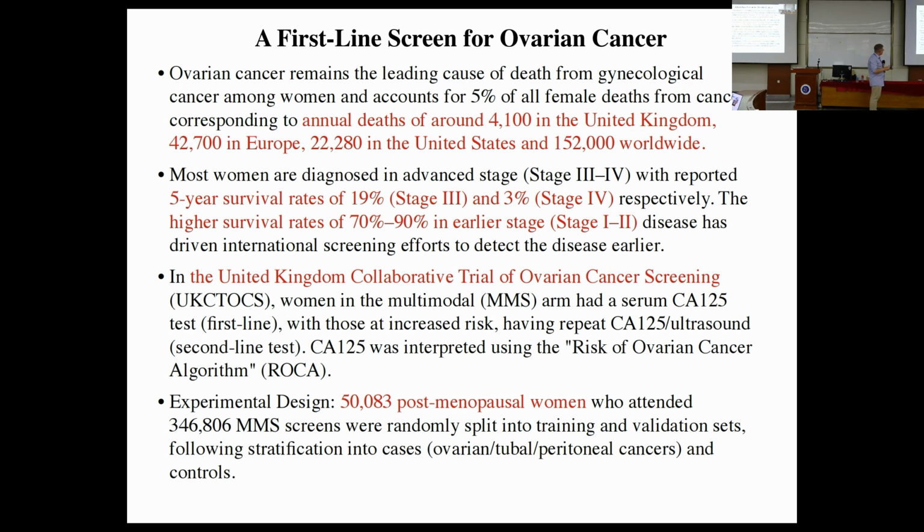And then there were MMS screens. The point is that there were different arms in this multimodal screening program. Some were a control group, 100,000 women; 500 were tested, the biomarker has been tested, and 50,000 had the measurement of the biomarker plus ultrasound.